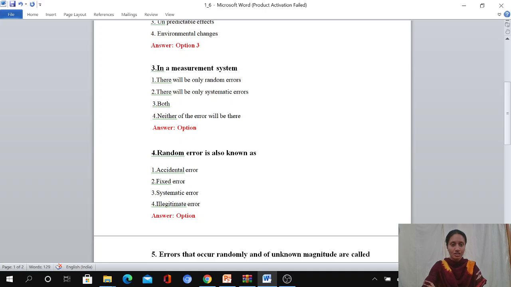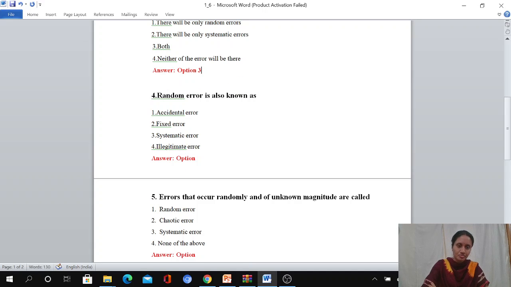In a measurement system, both random errors and systematic errors may appear. The answer is option 3.